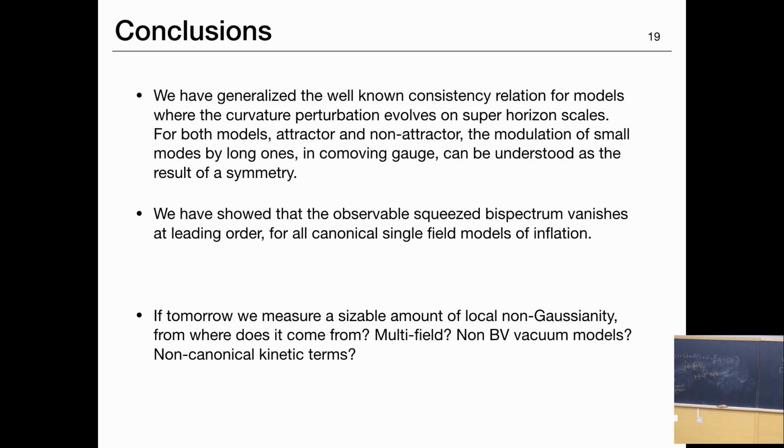If tomorrow we measure a local FNL different from zero, where does it come from? What kind of inflationary model can produce that? Multi-field models, non-Bunch-Davies vacuum models, models with non-canonical terms, etc. Thanks for your attention.